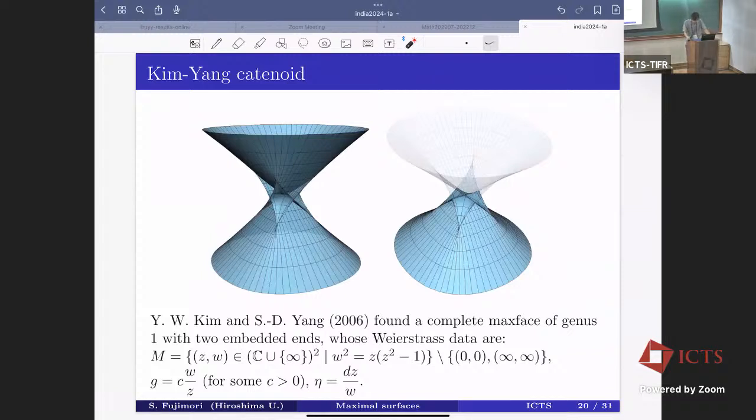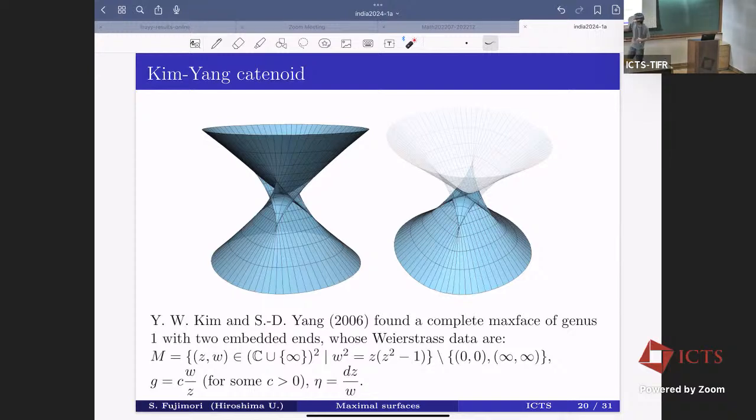Okay. And also, Kim and Yang found a complete maxface of genus 1 with 2 ends. And this is defined on an algebraic elliptic curve. So this defines a torus minus 2 points.